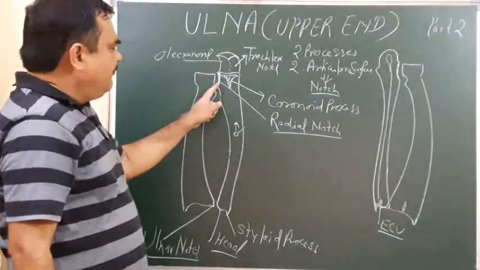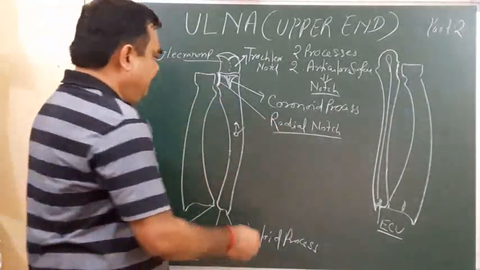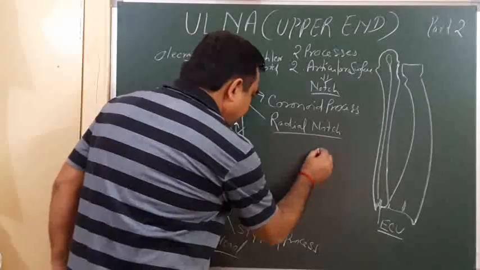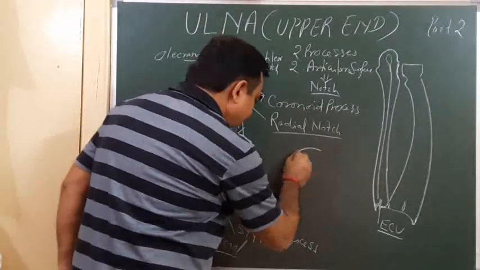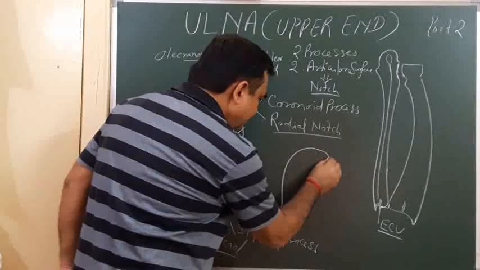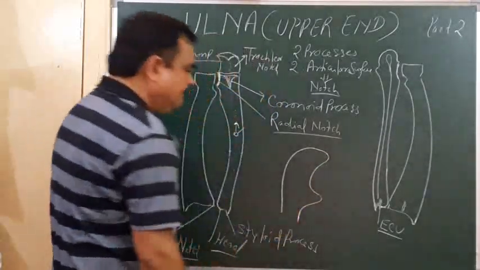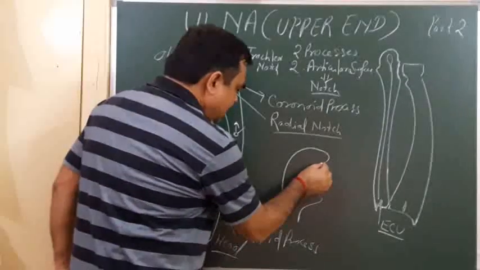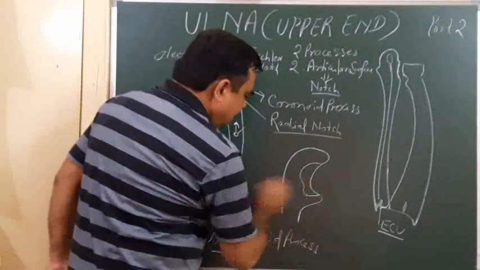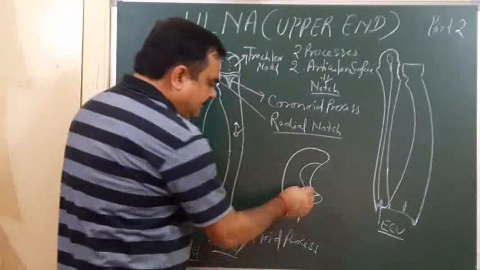If you see from the lateral side, you will find it will be like this. This is the articular surface.